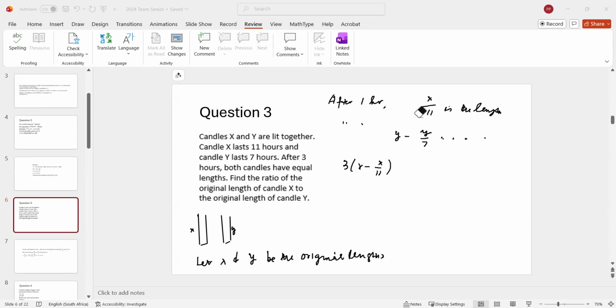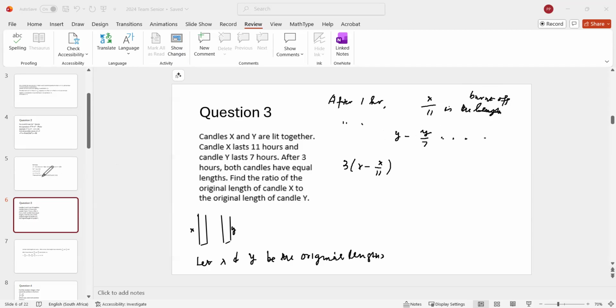I want to say x over 11 disappears or is burnt off. I don't like the language, but anyway, burnt off.